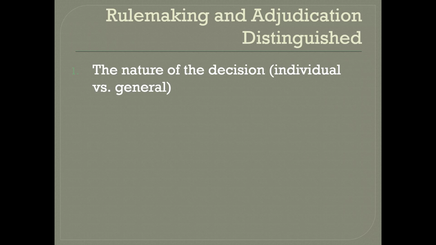So if it's a decision that tends to have variable effects on different parties, then it's more likely to be adjudication. But if the decision has a general effect or an almost identical effect on everybody, then this is more likely to be rulemaking.